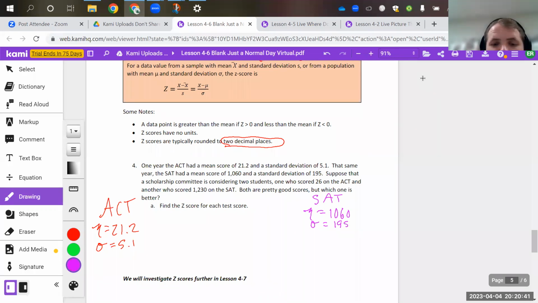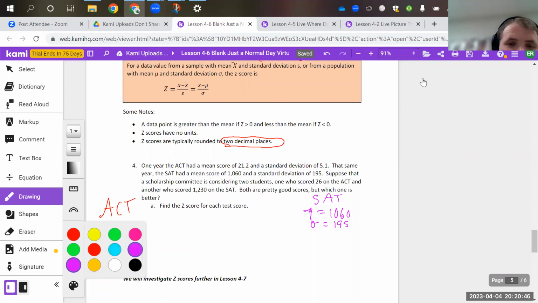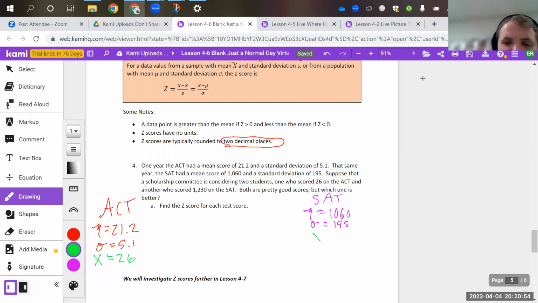So if we are looking at the 2 different students, our specific X value is going to be the actual score, for us to see where they are in comparison to the mean. The specific X value comes from trying to compare them to the other students that took the ACT or the SAT.